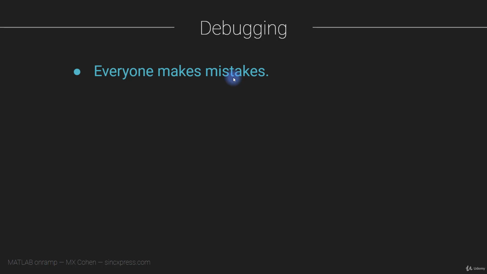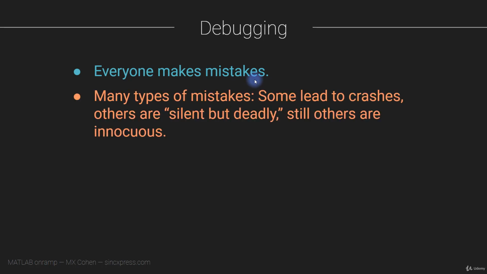The thing you have to work on is not so much thinking that you can never make mistakes. You have to work on your skills for debugging your own code so that you are efficient at identifying and correcting your mistakes. It's also important to realize that there are several different kinds of mistakes that you make when coding.